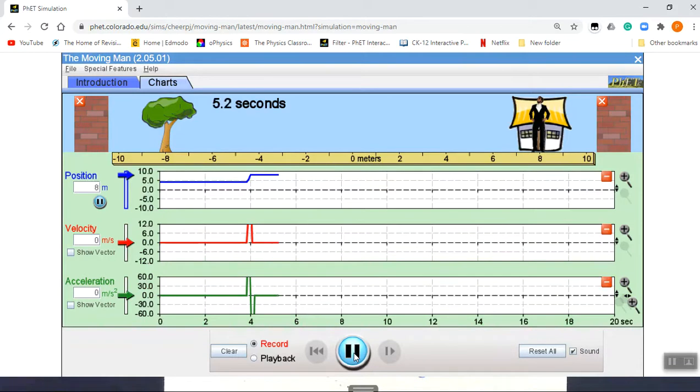If I change his position to 8, for that period of time that he was changing his position we see a difference, but let's just reset all. What we see now is him standing still at 8, so it's a horizontal line at 8, his velocity is 0, his acceleration is 0.